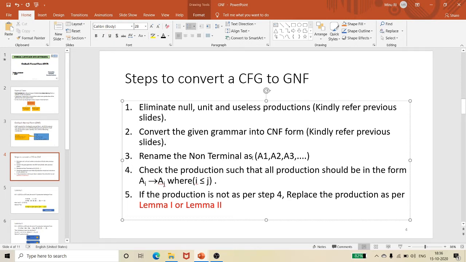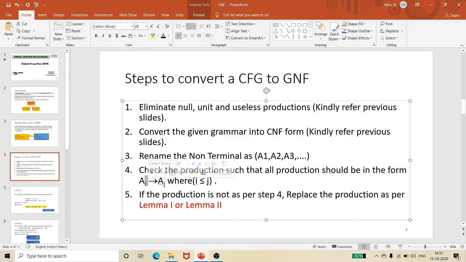Once we have renamed them into A1, A2, A3 with subscripts, the fourth step is to check the productions such that if Ai gives Aj, it should be in the format where i is less than j. That is, A1 gives A2, fine. If something like A2 gives A1, we will take that production first and start the reduction, or conversion into GNF.